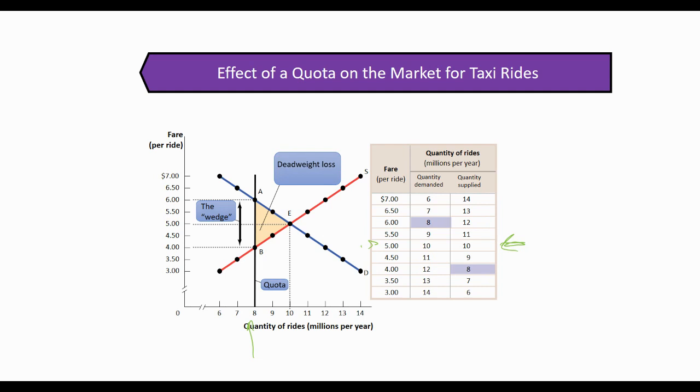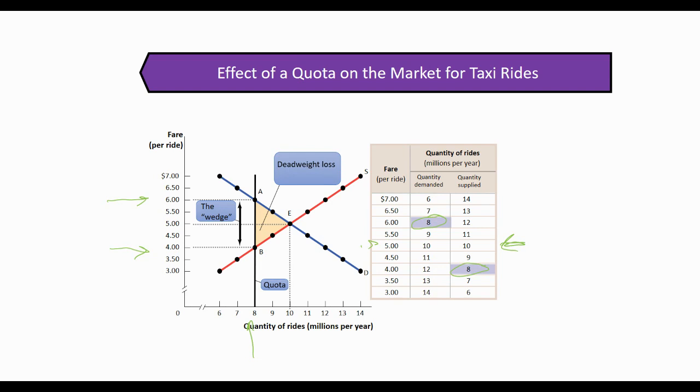But if we look at a quota of 8, where it's lined up at 8 here and 8 here, we can see that for the quantity demanded, the consumer is going to end up paying $6 for the ride. At a quantity of 8, the producer, the cab driver, is only going to receive $4 for that $6 ride.